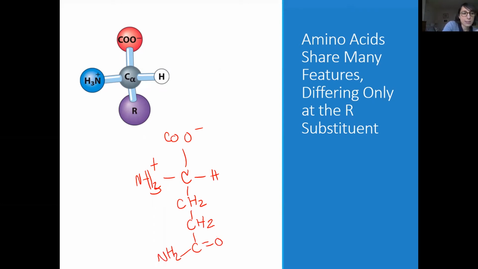Now this one is called glutamine, and its one-letter abbreviation is a Q. And I remember this by saying glutamine. Glutamine has a Q.